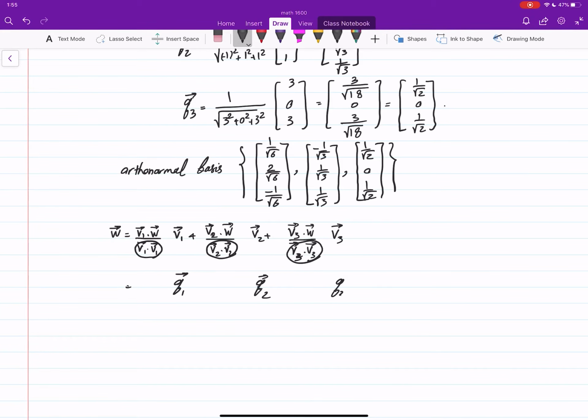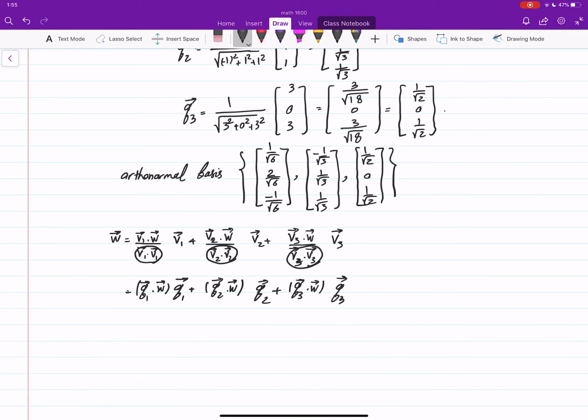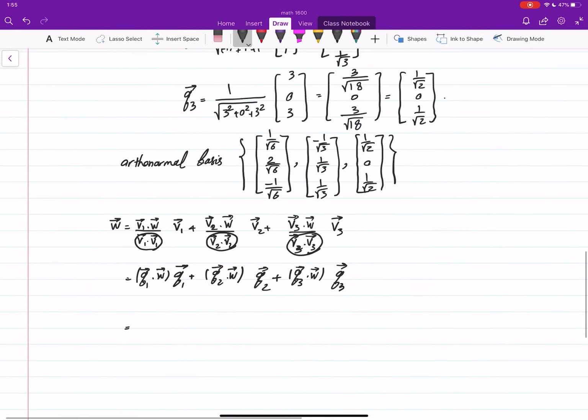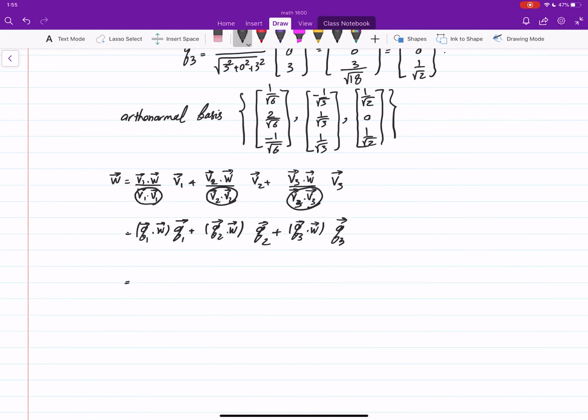We don't need to be worried about the denominator because all the denominators are going to be 1. And what we have is q1 dot w, q2 dot w, and q3 dot w. Note that these are constants and we just multiply them, scalar multiplied by the vector. In this specific case, w is (3, 3, 3).